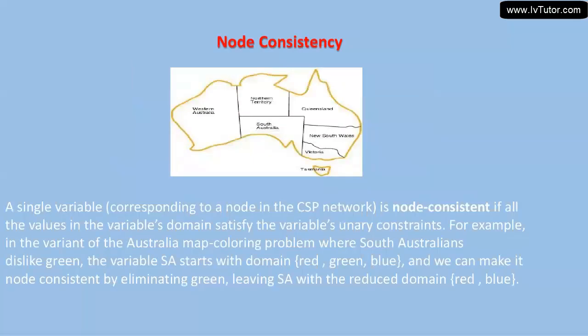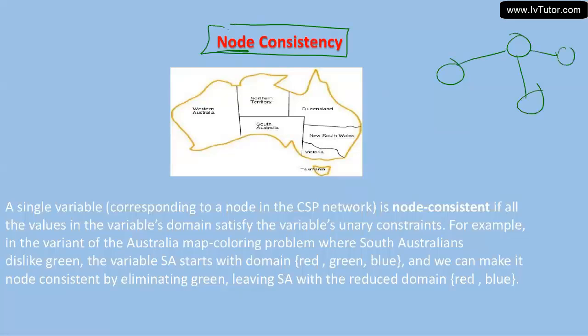So let's look at other terminologies that we need to be cognizant of when we're talking of CSPs, right? So the first one is called node consistency. Node, if you're saying a node in a network, any junction point can be called a node.